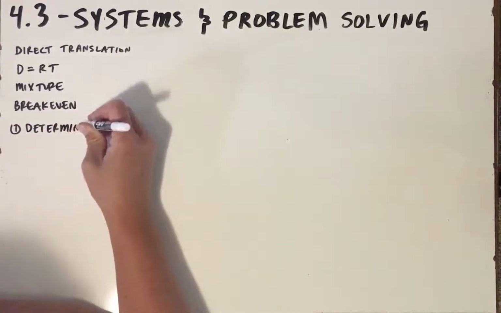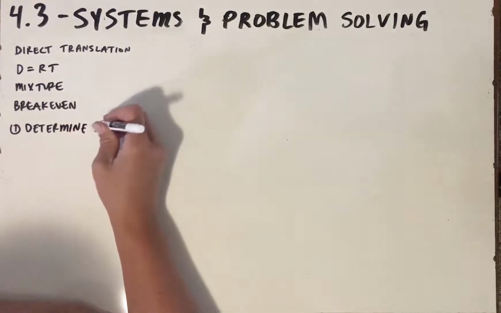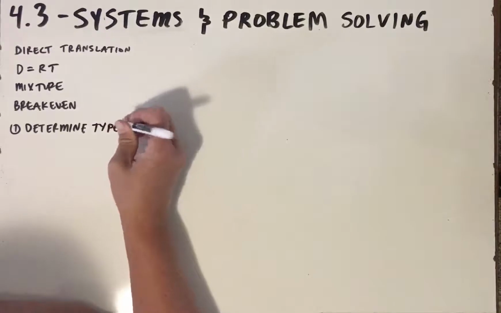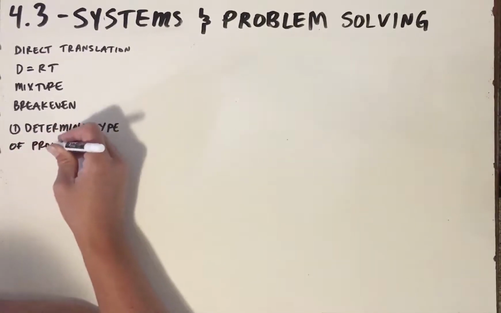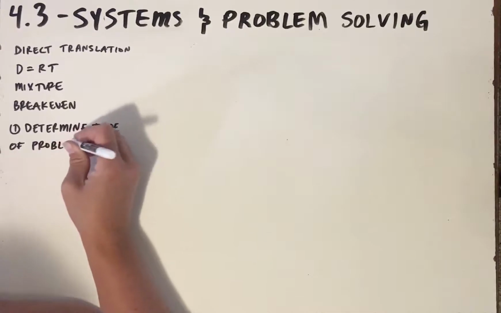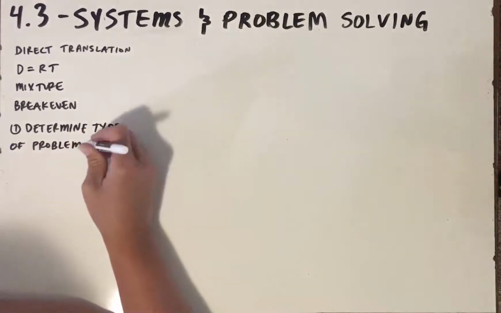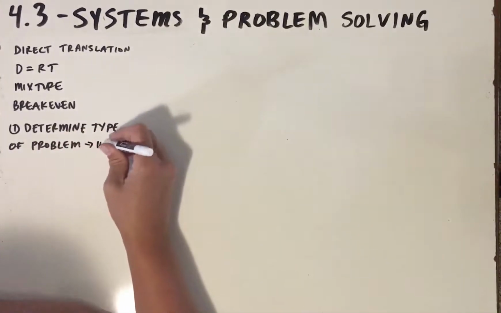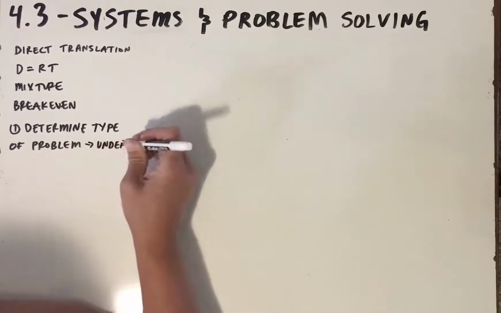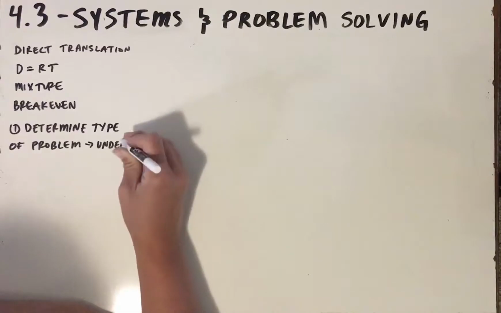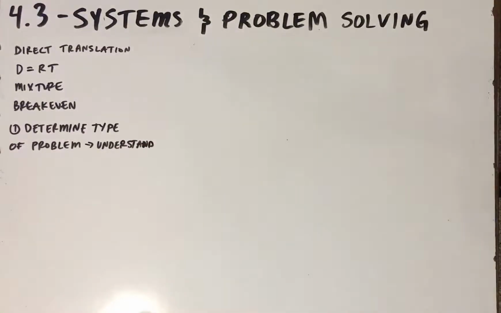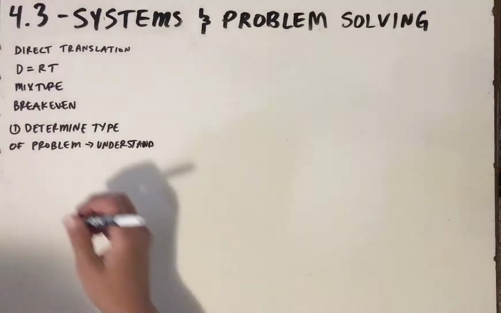That might mean reading it and rereading it to understand it. Just because you have to read a story problem 2, 3, 4 times doesn't mean that you are dumb. That means you're normal. Okay, so my first step here is I want to determine the type of problem that I'm working with and just understand the problem.